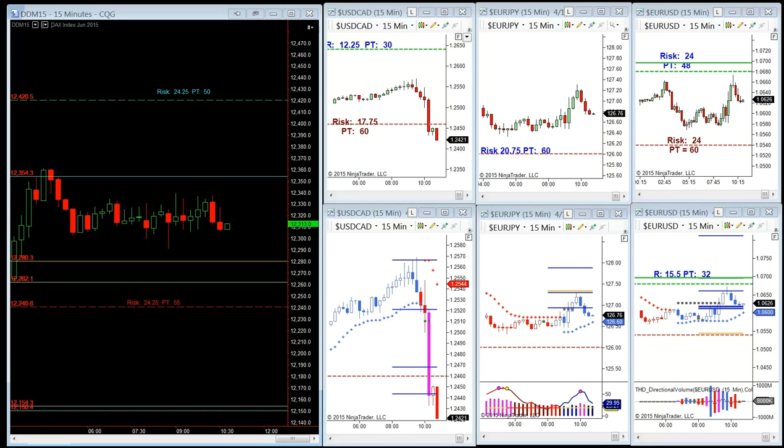You could pretty much do the same setup on the Euro Yen, too. It's coming back to the ATR. Just check your volume, see if you have volume divergence.